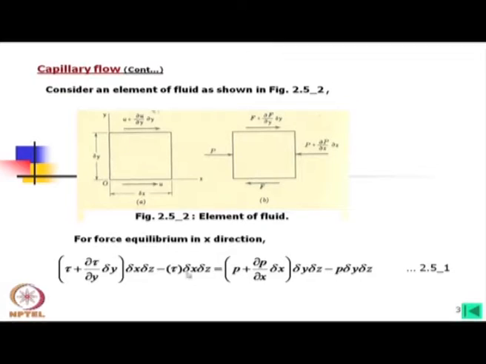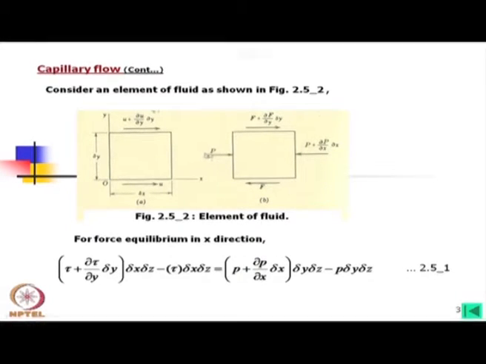Here I think this will be tau, not F. Here this will be p plus del p by del x, where this is a small p, not the capital P, into del y into del z, minus p into del y del z.